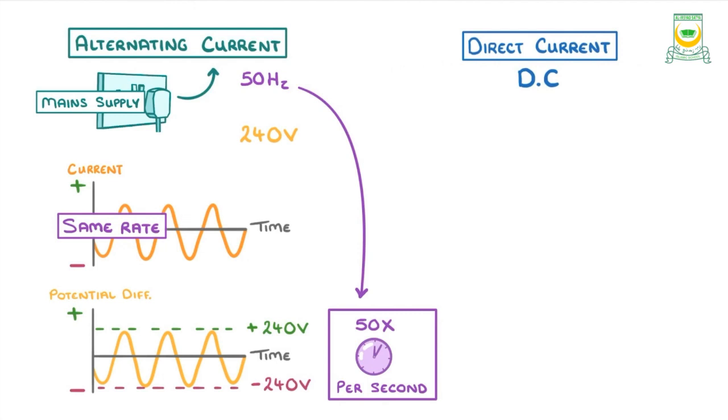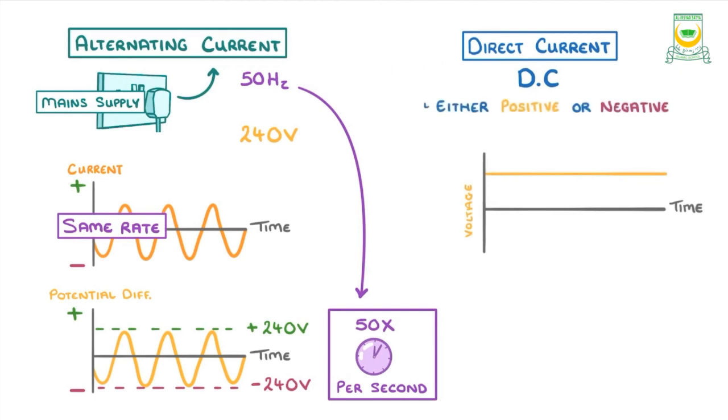Okay, so now we move to direct current. What about this one? It's really different from alternating current. It doesn't reverse. Direct current means that we use a direct potential difference, so the current only flows in one way. If we see the graph, it will always be a straight line. It doesn't show fluctuation or the same rate.